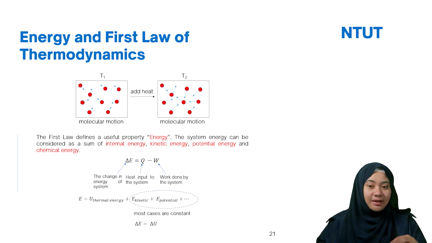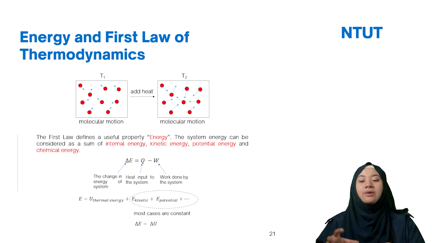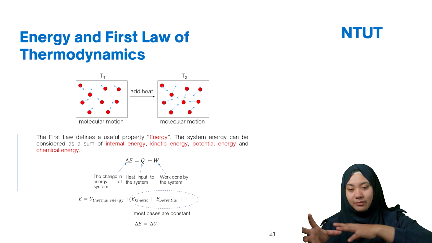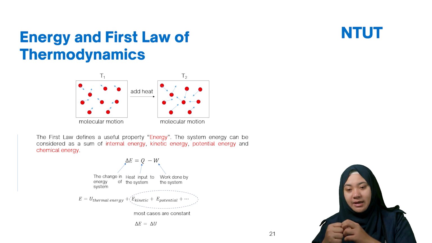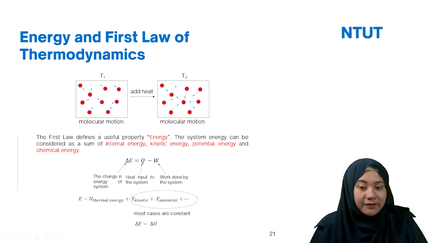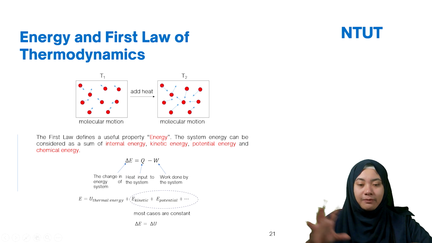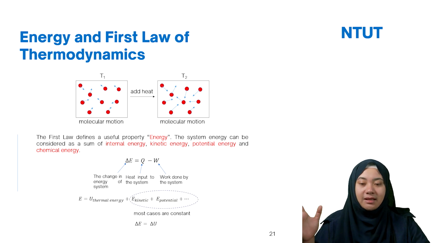Before I discuss energy and the first law of thermodynamics, what is molecule motion? For example, in the first box on the left we have T1, and you see the red atoms moving around each other. When you add heat, the particles move mostly freely, which is molecular motion, and it becomes T2.